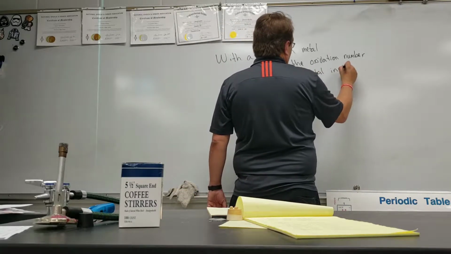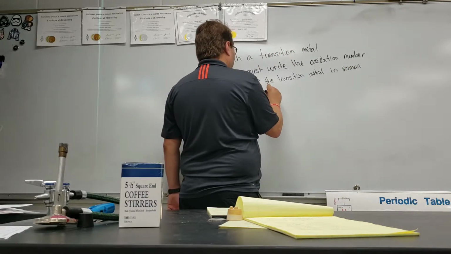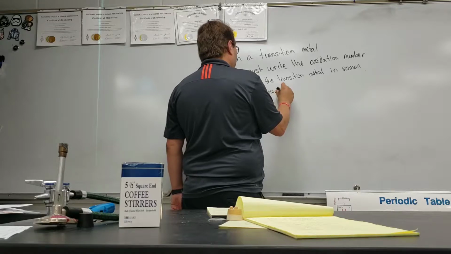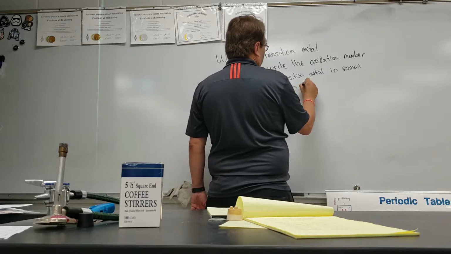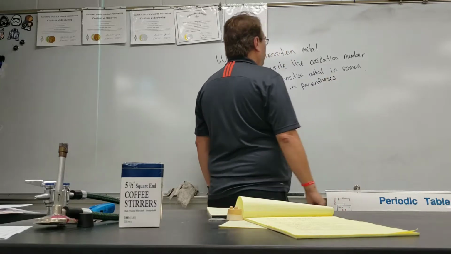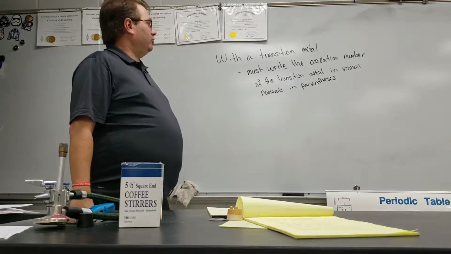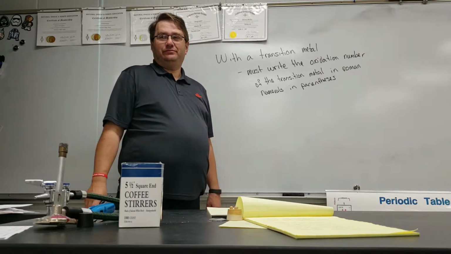You must write the oxidation number of the transition metal in Roman numerals in parentheses.